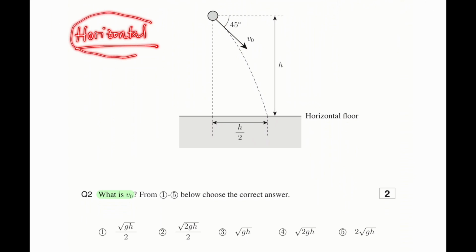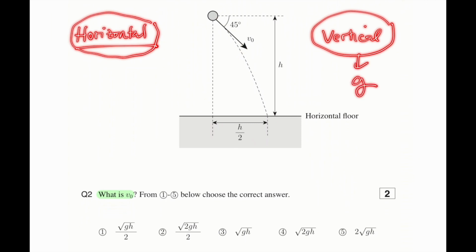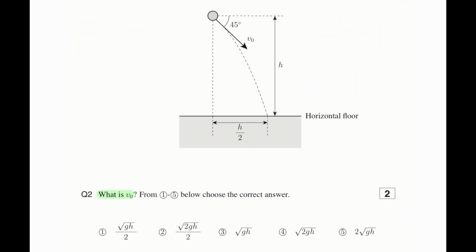And for the vertical axis, there is a constant acceleration acting on the ball, which is gravity. So what we should remember for projectile motion is that in the horizontal component there is no acceleration, and in the vertical component there is a constant acceleration, which is gravity.